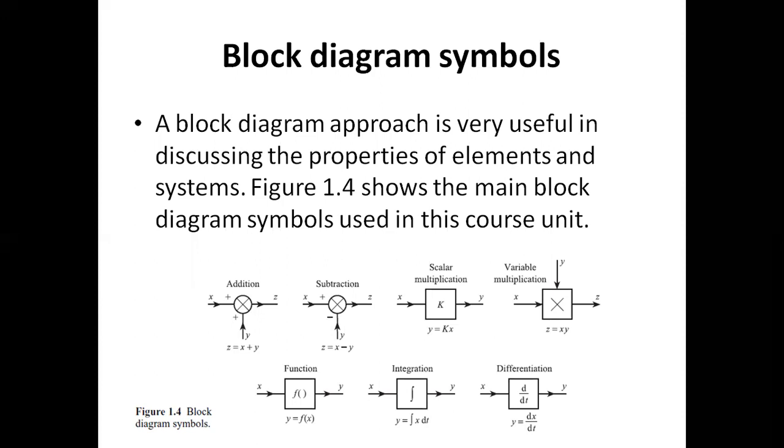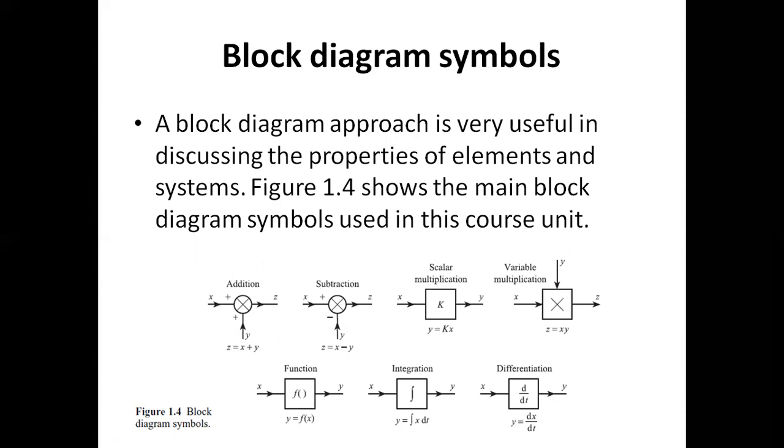And for purposes of this course, we are going to represent our signals graphically as follows. If we have two signals that are being summed, then the first symbol represents that operation. We are taking a variable x and a variable y and adding them to get an output signal Z. The second symbol represents two signals being subtracted.